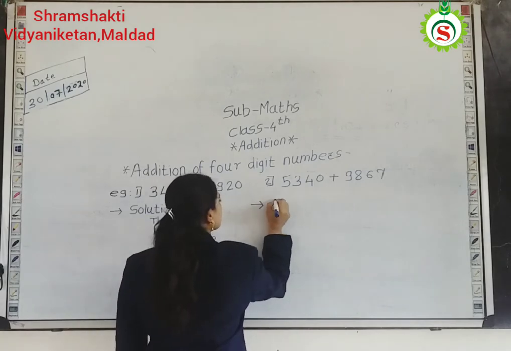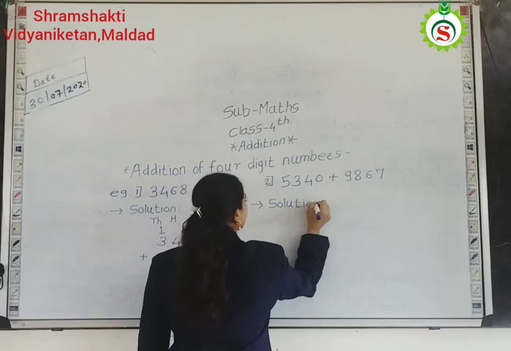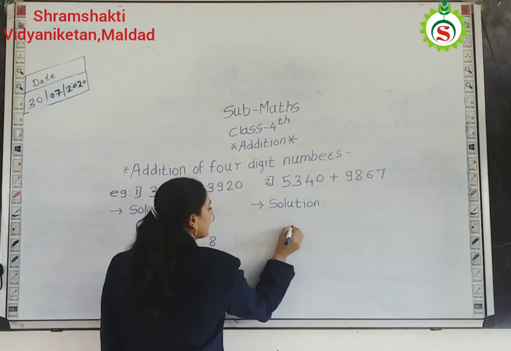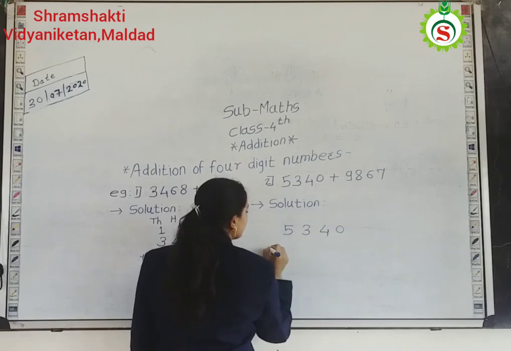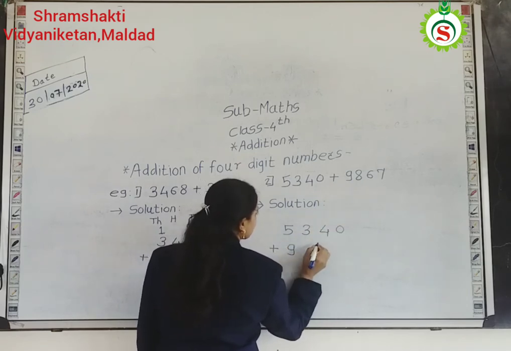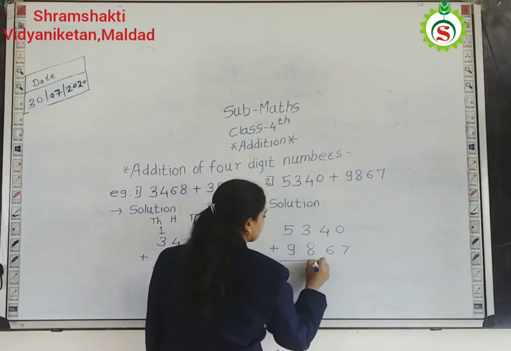Therefore, solution. Write this example again. 5340 plus 9867.